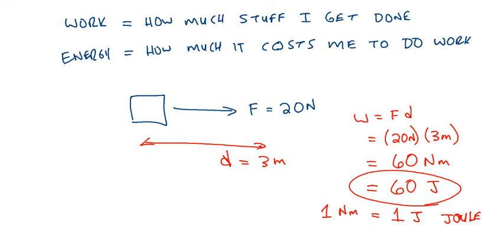Let's do an example here where the force and the displacement are not equal, just to see how that works. I'm going to have a box that I'll draw right here, and I'm going to pull on it with a string that's attached. So let's put the force in here at an angle up like this, and I'll mark that with a vector sign because it is a vector quantity.